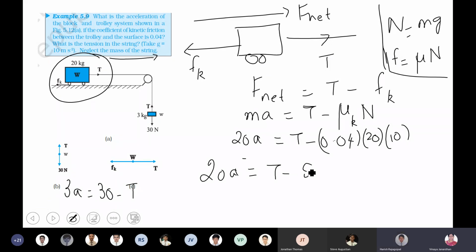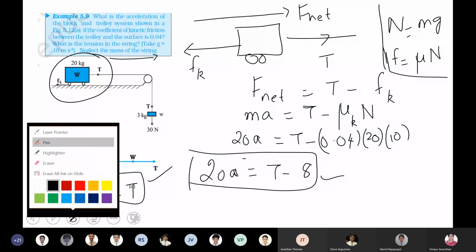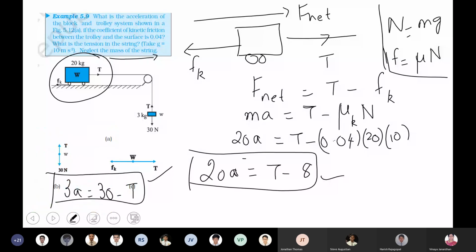Is that correct? Okay. Now can you solve these two expressions? If you add both the equations, T and T will get cancelled. You can get a value of A. Boys, this is the general equation.